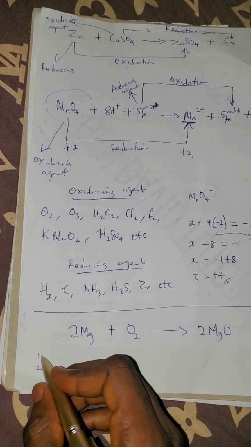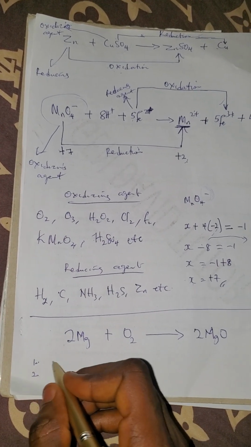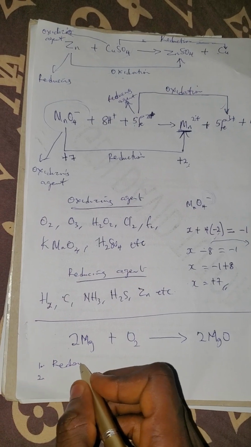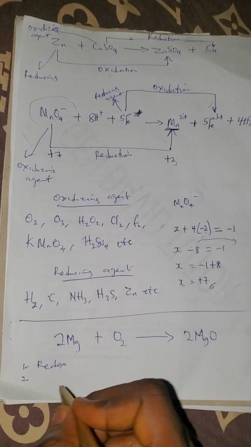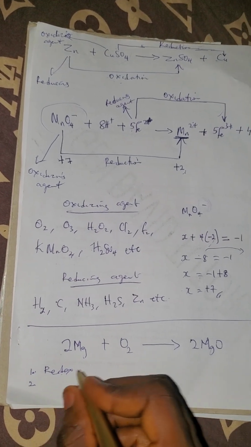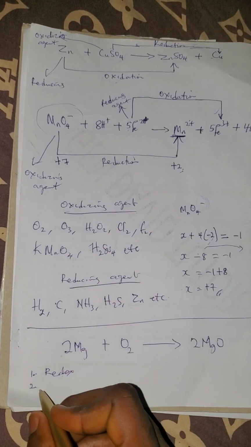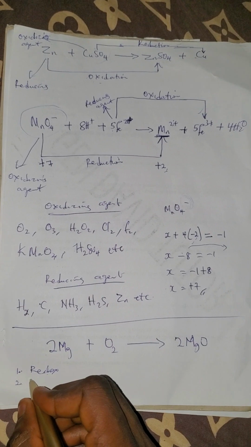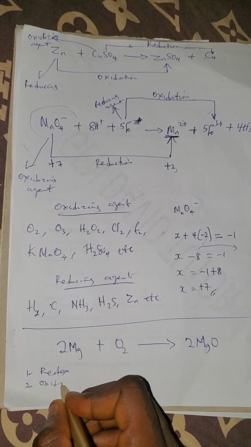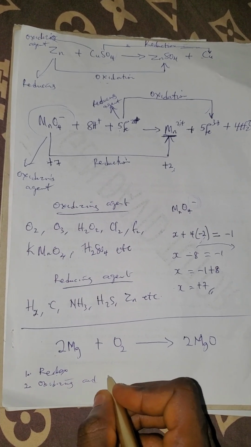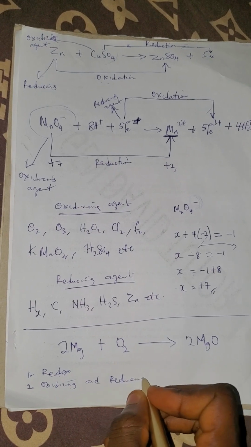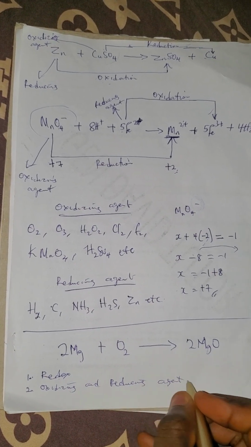The first question should be, is this reaction a redox reaction? Because this will lead you to the second one. If it's a redox reaction, question number 2, give me the oxidizing agents and reducing agents in this reaction.